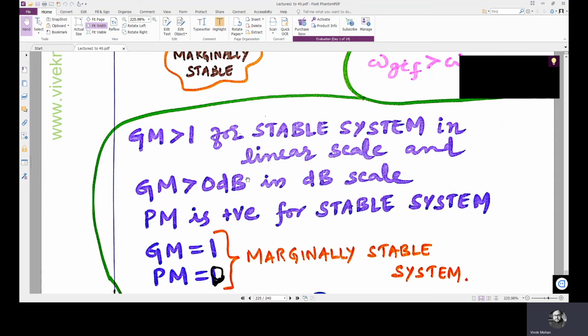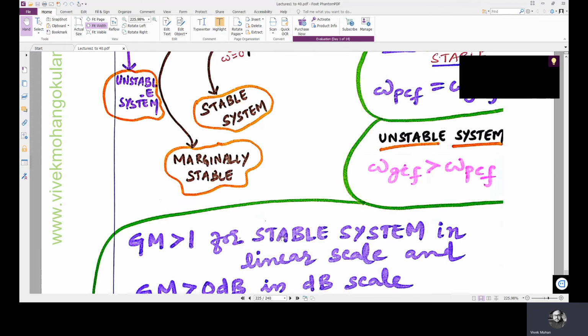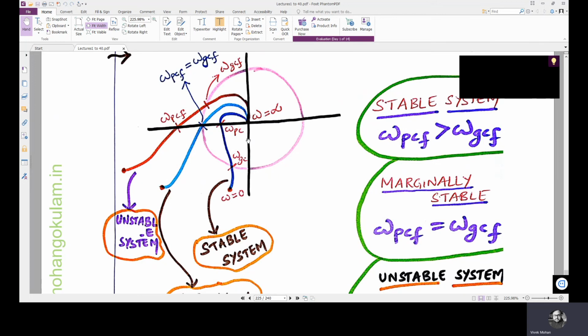So 180 plus minus phi, where phi can be 30 degree or 40 degree or 50 degree. So basically it will become 180 degree minus 40 degree or 180 degree minus 30 degree. So again it is positive. So phase margin is positive for a stable system.